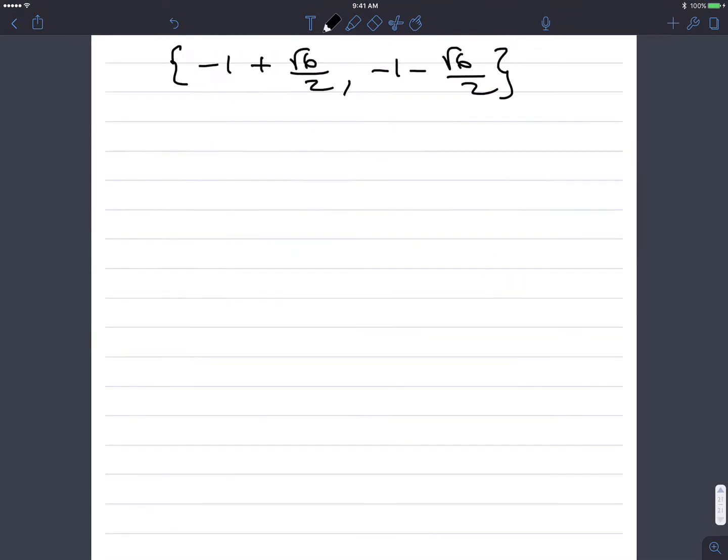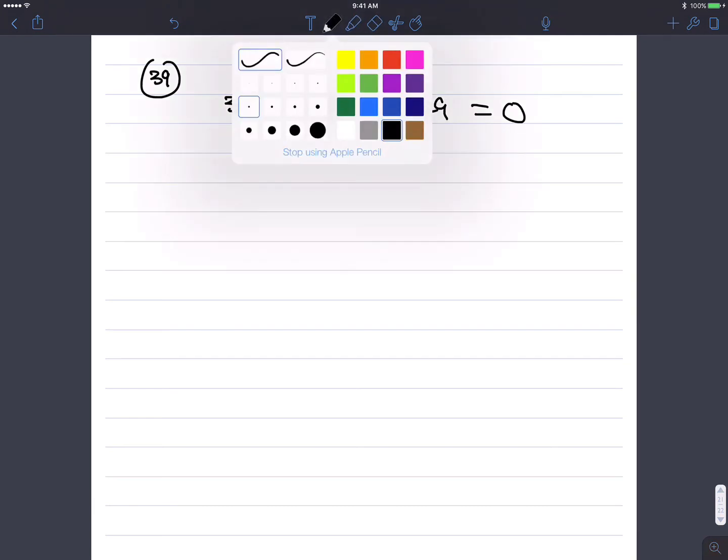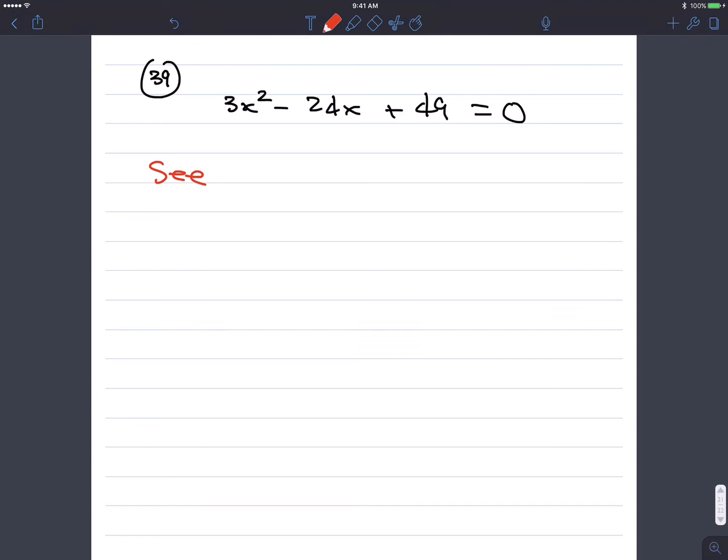39. 3x squared minus 24x plus 49 is 0. Now, if we're smart, that looks a lot like number 15.